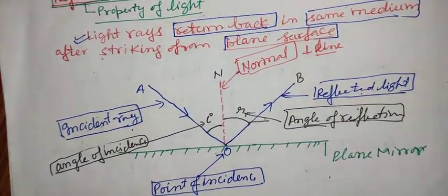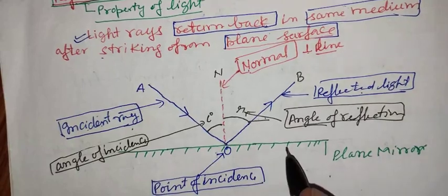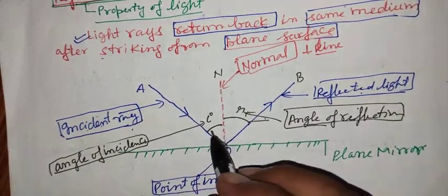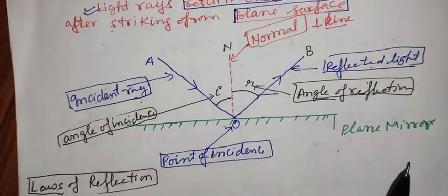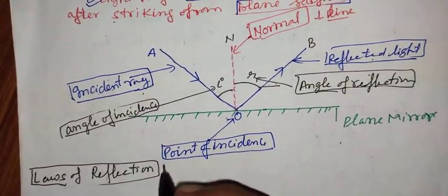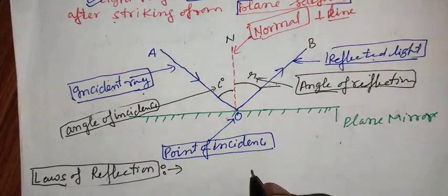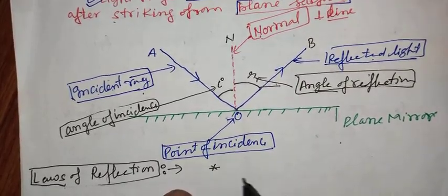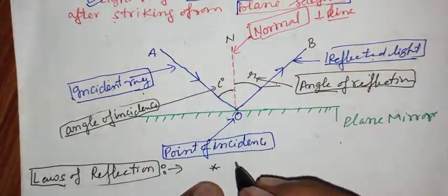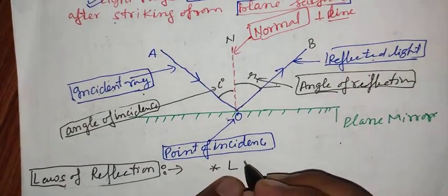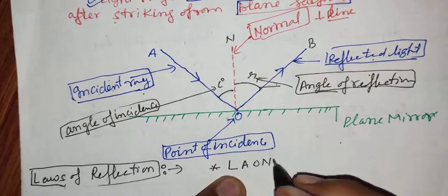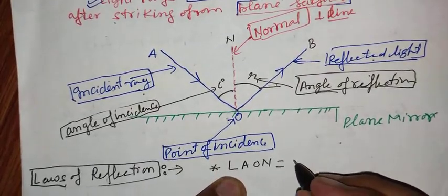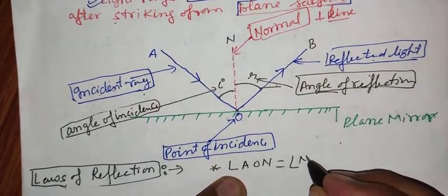Then in that condition we are going to see the law of reflection when we measure the angle of incidence. See the laws of reflection. There are two laws of reflection. The first law: angle AON, this is angle I, is equal to angle NOB.